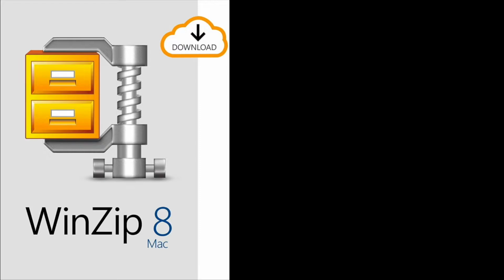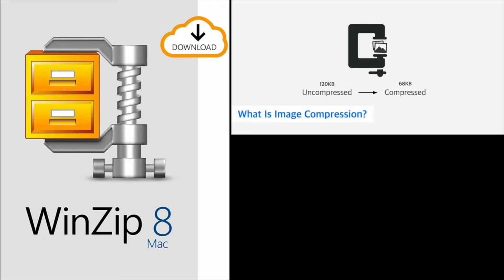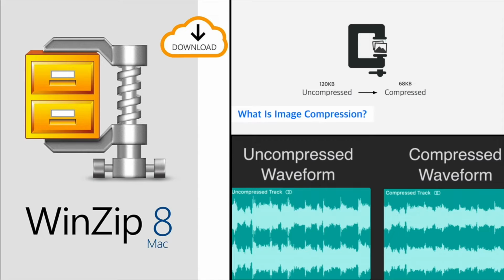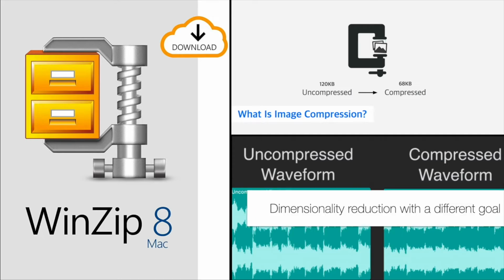But that's not the only way that you can talk about dimensionality reduction. Another thing that you might be familiar with is this idea of compressed files, so WinZip or zip files, or image compression like PNGs or JPEGs, or audio compression like MP4, AAC, these kinds of things. All of these are also examples of dimensionality reduction, where we have many bytes of data in a particular file or image or document or snippet of sound, and we want to compress that down into fewer bytes.